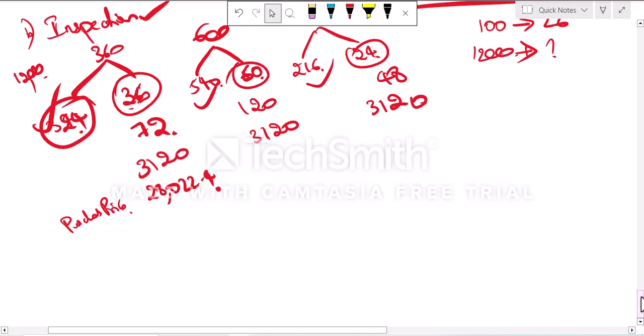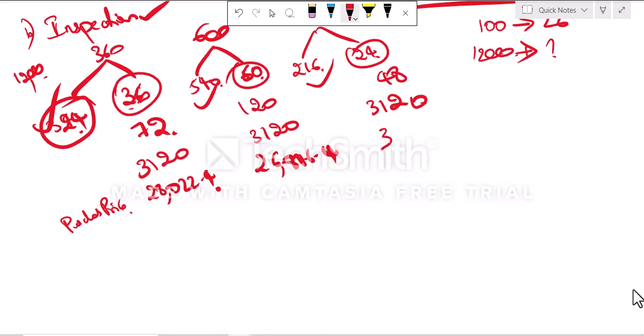For 11,460, 234 divided by 100 is 26,816.4. Next, 12,000 minus 216 is 11,784 into 260 by 100, which is 30,638.4. Add all the cost.